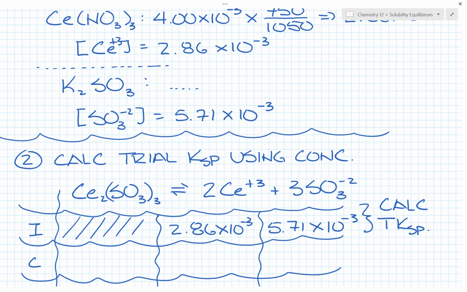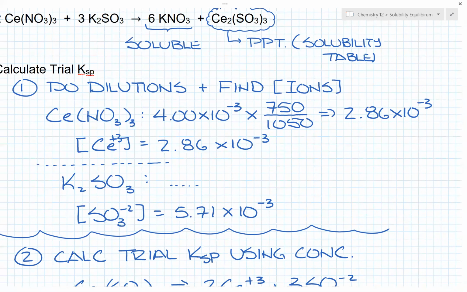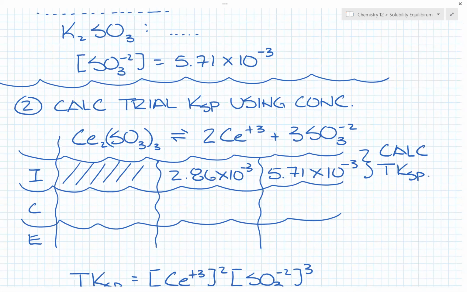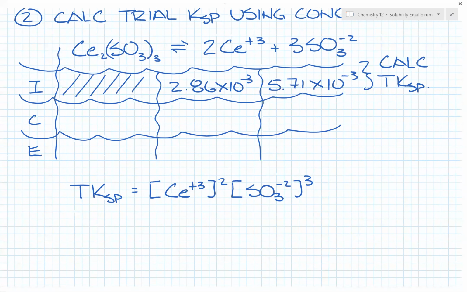Because I am just using the trial KSP and the initial concentrations, I do not need to use the mole ratio, okay? I figure out the concentrations in step number 1, and then in step number 2, just plug the numbers in.